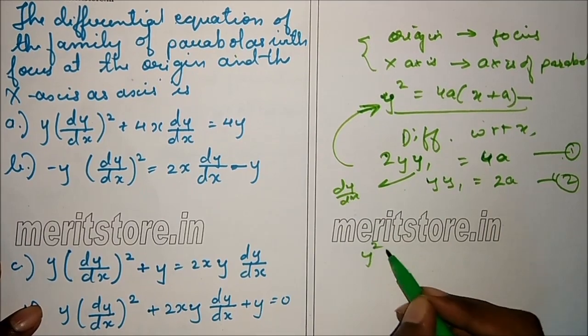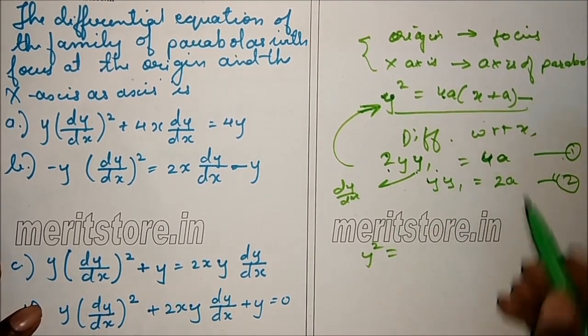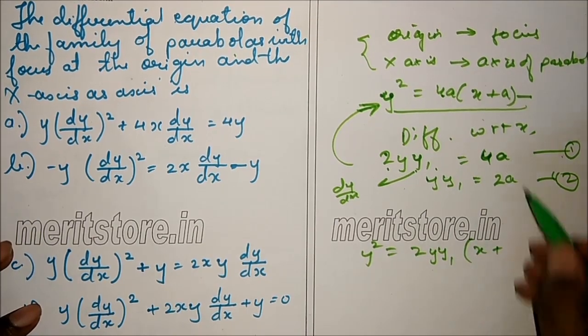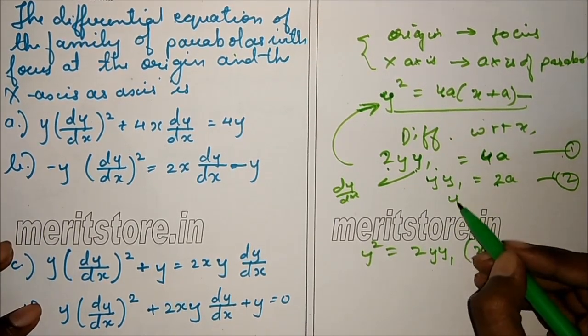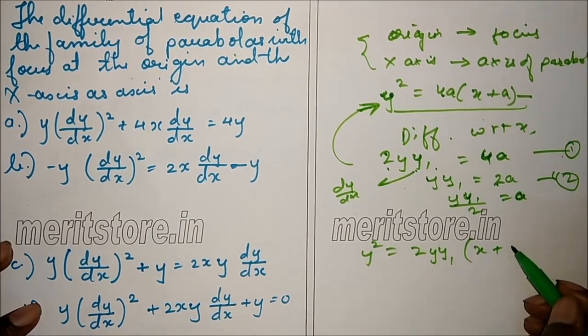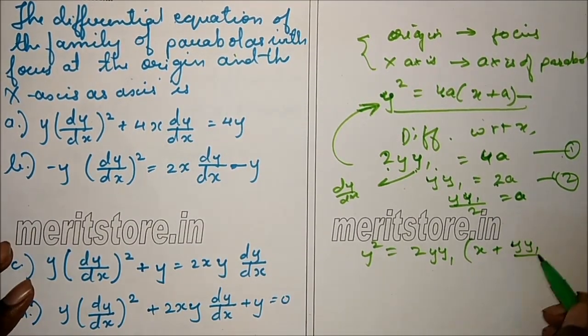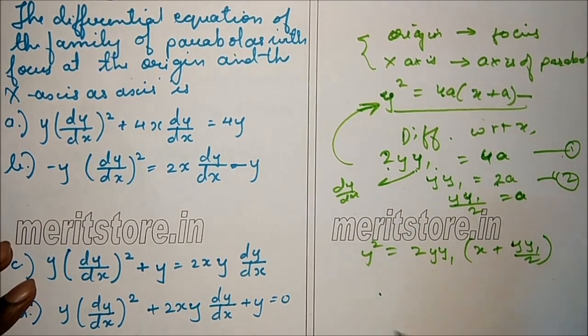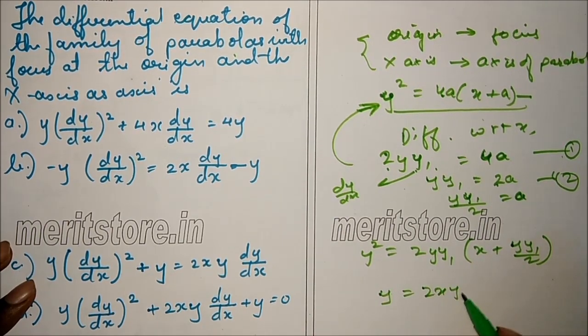So this will be y square equals 4a, which is 2y y1, into (x plus a), where a is y1 by 2. So this will be x plus y1 by 2. So multiplying throughout by 2 and rearranging it, we get y equals 2x y1 plus y y1 square.